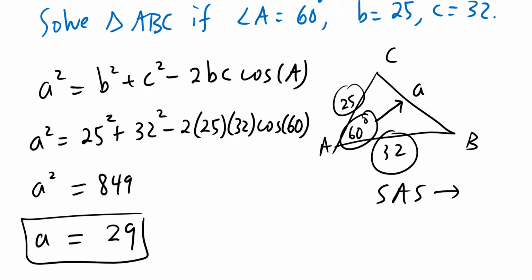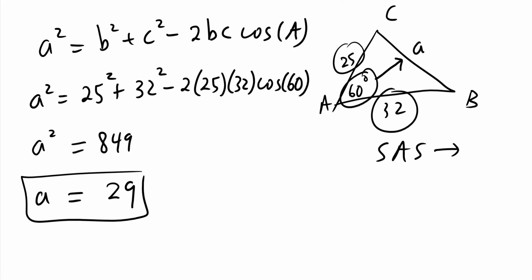I found the side. Now I can use the law of cosines to find the next angle. But always keep in mind that there's more work in the law of cosines than in the law of sines. When you use the law of cosines in one problem, if you continue to solve the problem, use the law of sines. In this case, I want to find one of the angles.